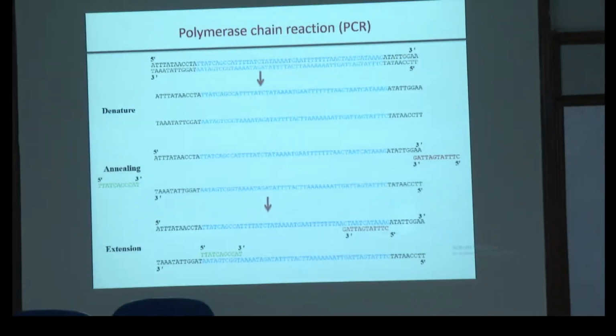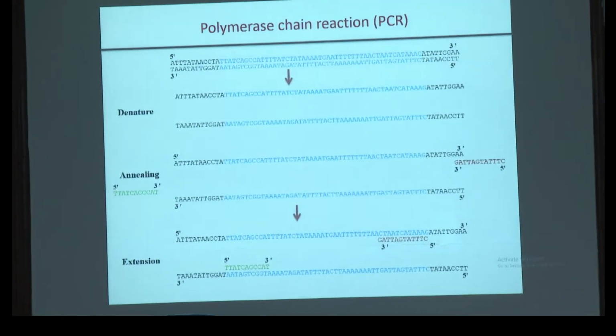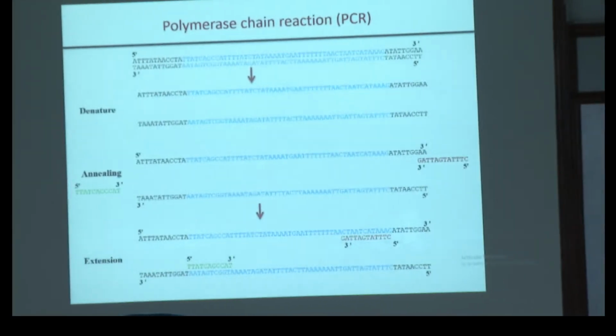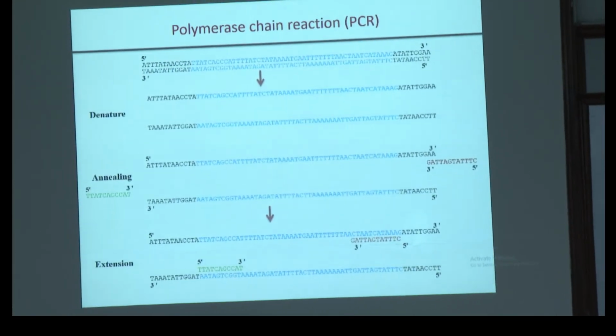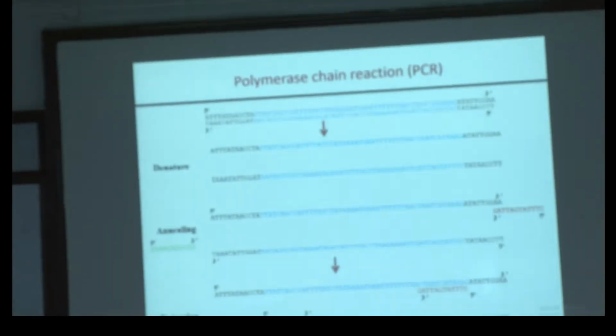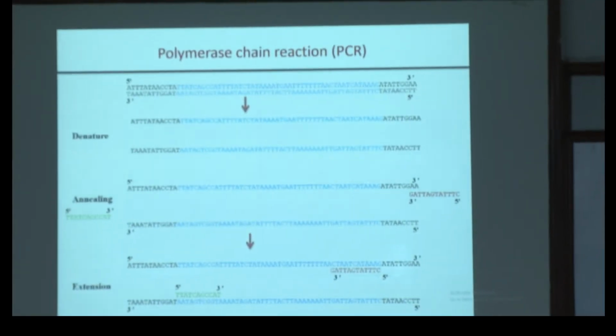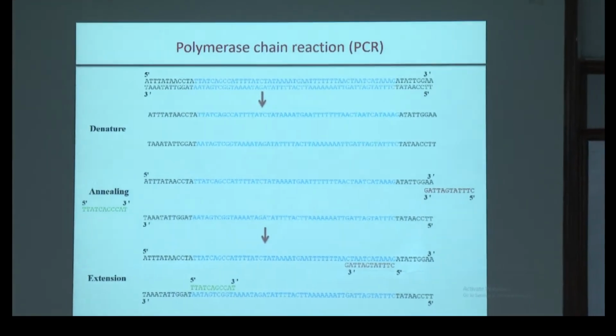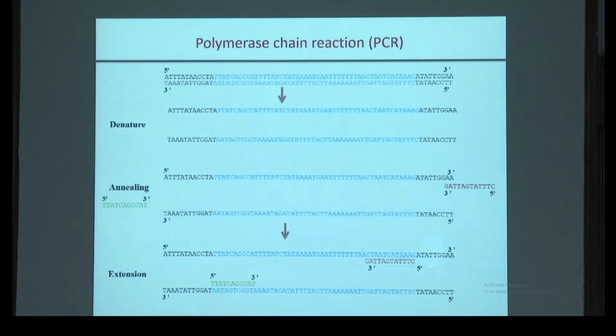Then what is the next step? Annealing. And what happens in that? Primers will bind, right? So which primers will bind to which strand? Forward will bind to which strand, sense or anti-sense?